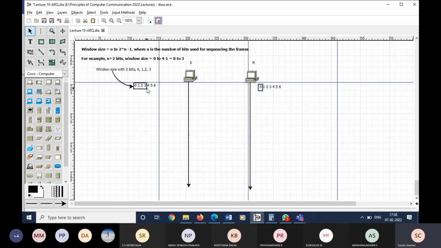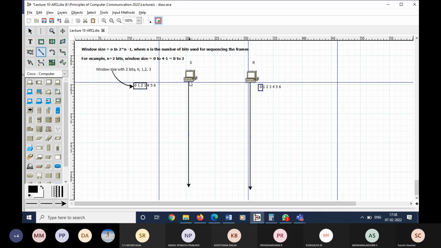That's why it's called the sliding window protocol. Once the receiver receives that frame, the receiver window slides to the next frame. So here the receiver will be expecting the 0th frame.